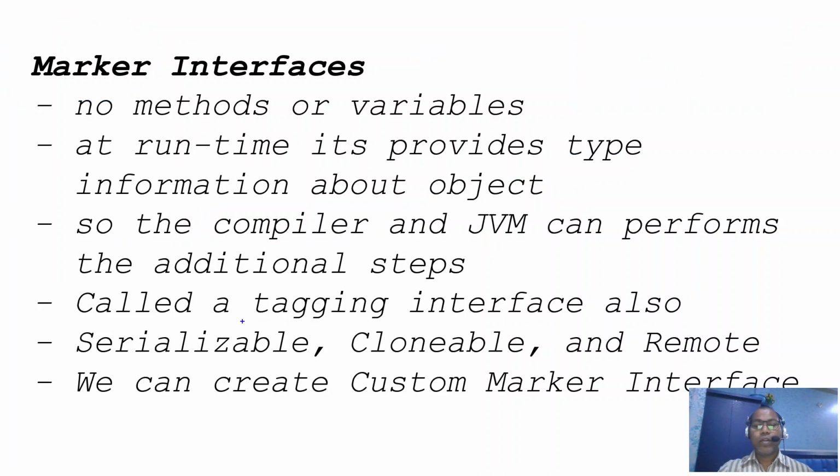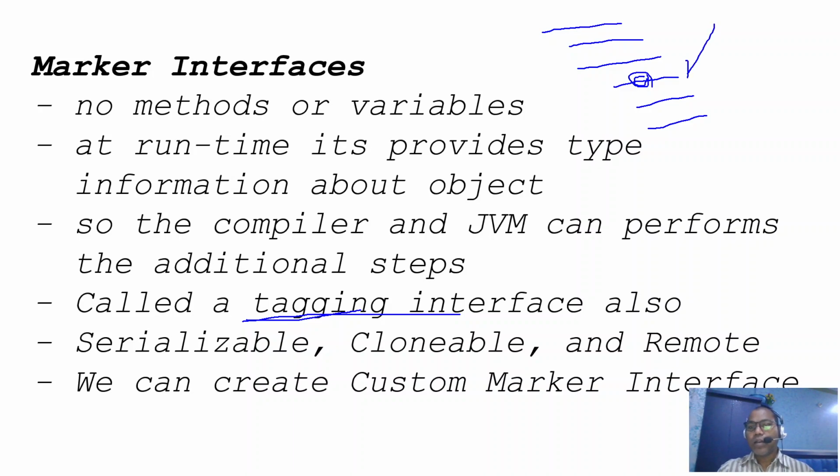Just like in the runtime, lots of objects are executing, but if an object has some tag or mark, that means the compiler and runtime system treat it with some different behavior, in some different way.